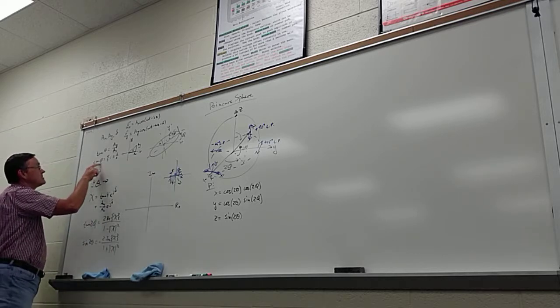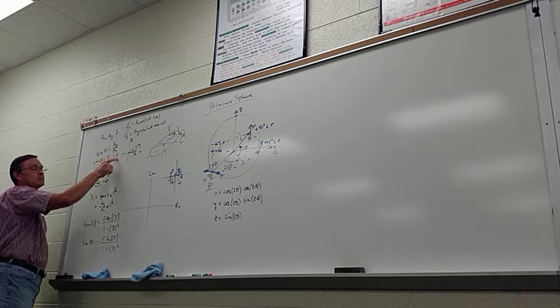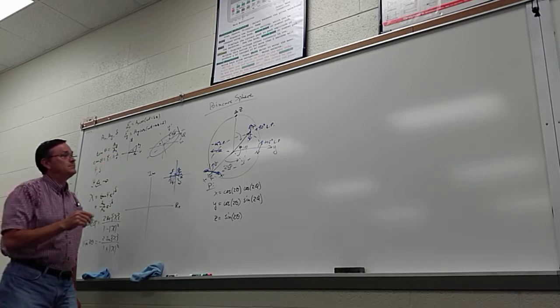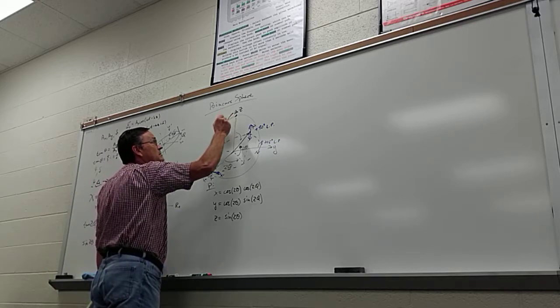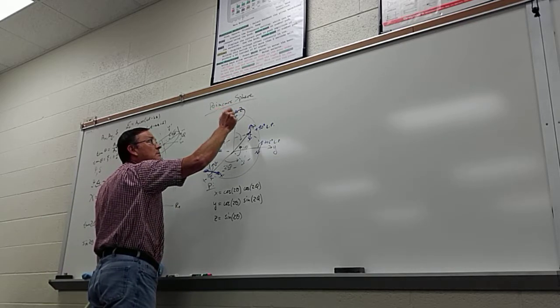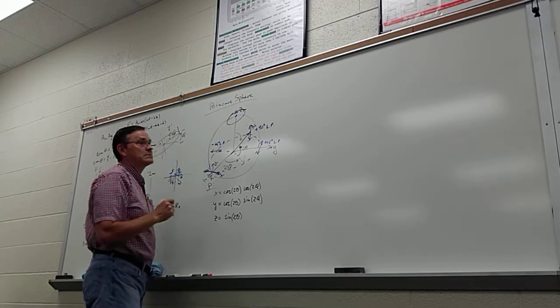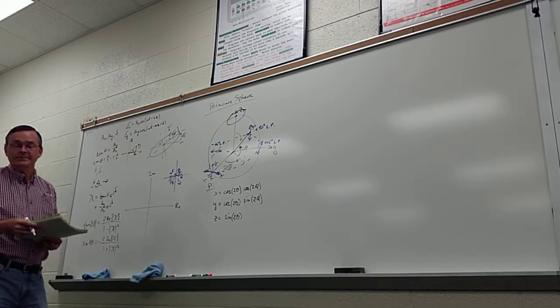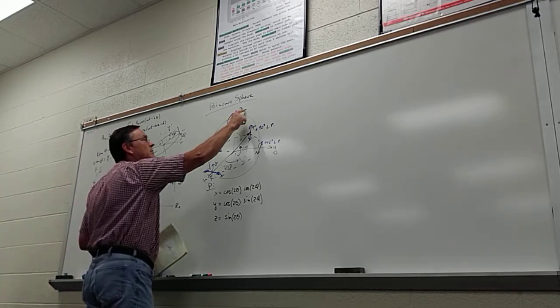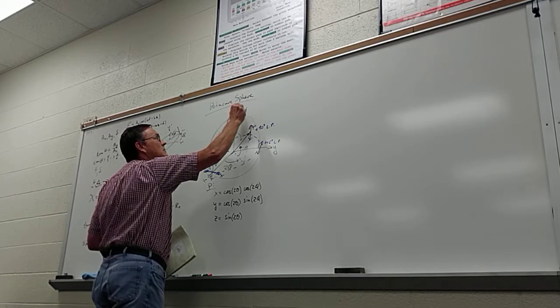Looking at this, 45 degrees means B is equal to A. And so that ends up representing clockwise circularly polarized light. Oh, I put the arrow in the wrong direction for clockwise.